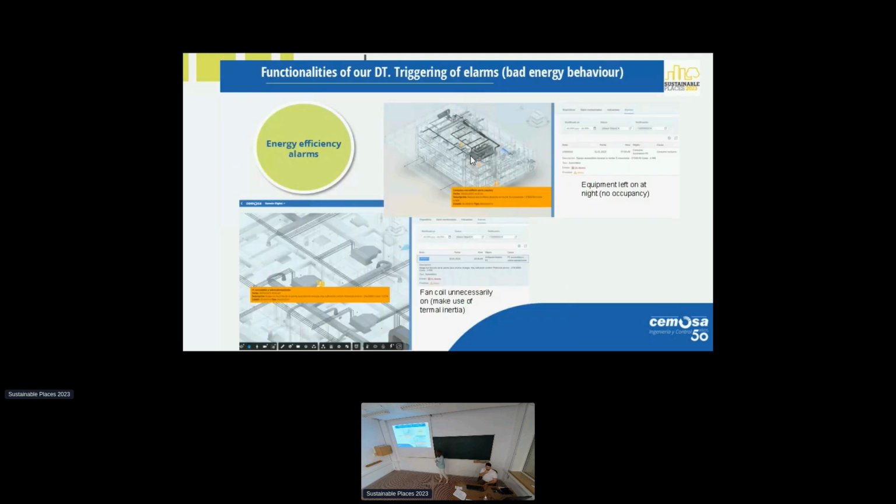We also have included in our digital twin what we call energy alarms, and those are alarms that we trigger when we see a bad energy behavior. For example, we have a schedule with a timetable, and when it's the time of leaving the office or a little bit later, everything is off, but sometimes people stay longer, and so they turn everything on, and then they forget to turn things off.